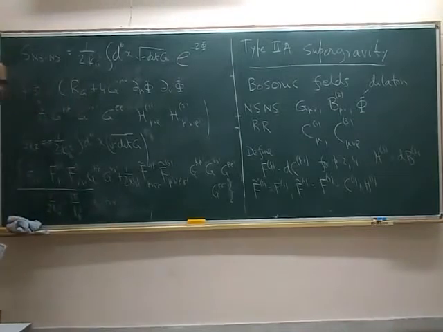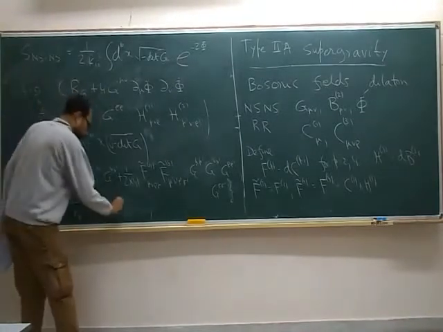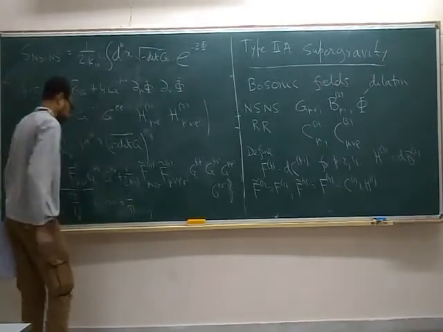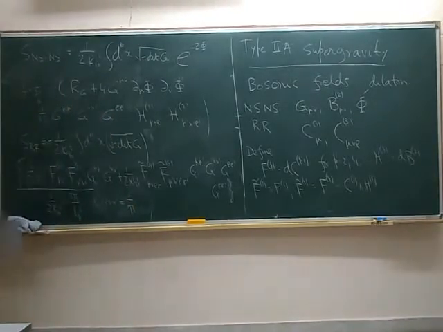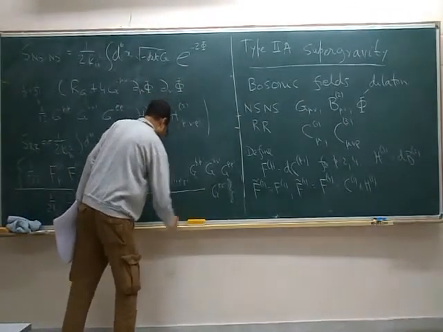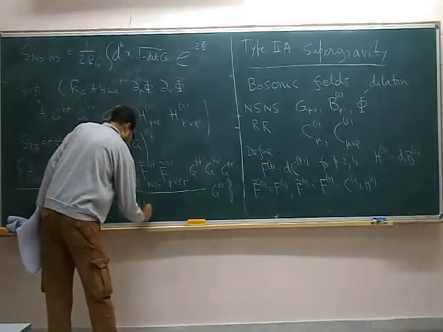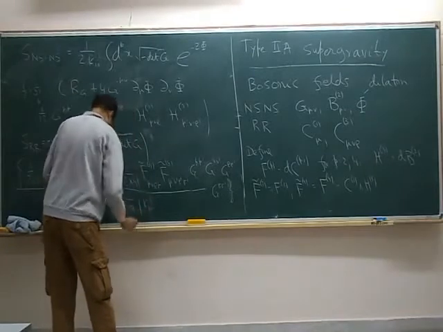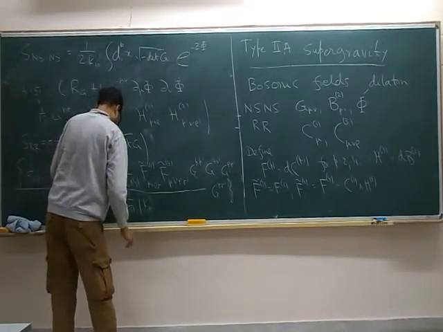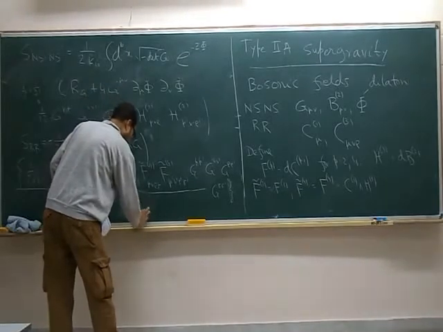Alpha prime is the inverse string tension, 1 over the string tension T. So if you substitute this, you get kappa 10 squared, or 1 over 2 kappa 10 squared, that's the normalization.